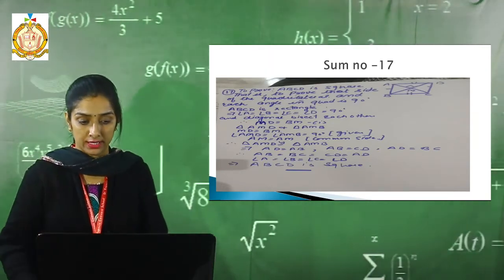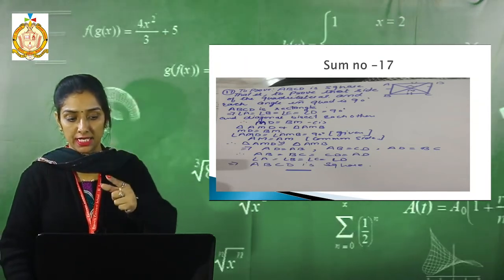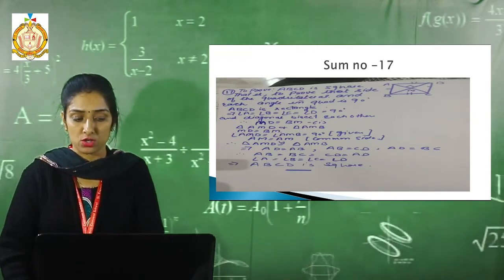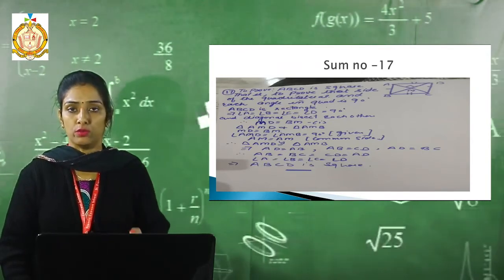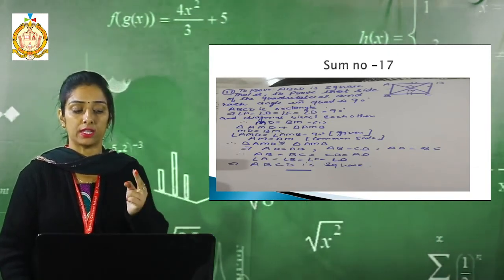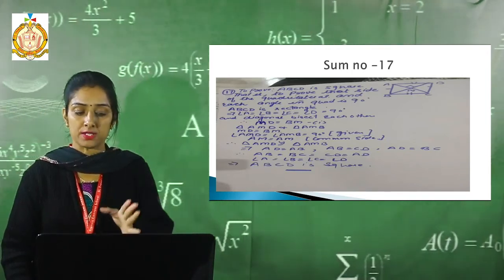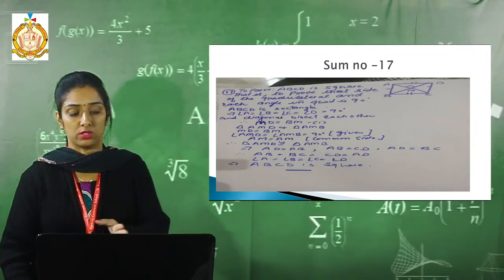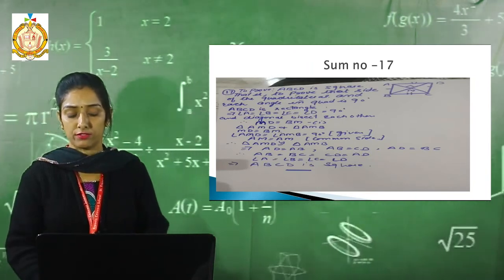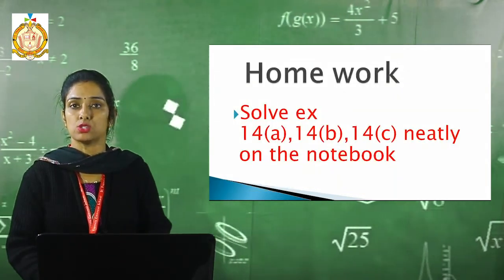Both are 90 degrees, and AM is equal to AM because it comes in both triangles, so it is a common side. So your 2 triangles are congruent. If 2 triangles are congruent, then by CPCT all sides are equal and all angles are 90 degrees. Both conditions hold. Therefore ABCD is a square.